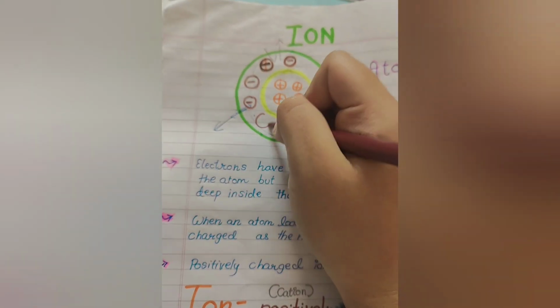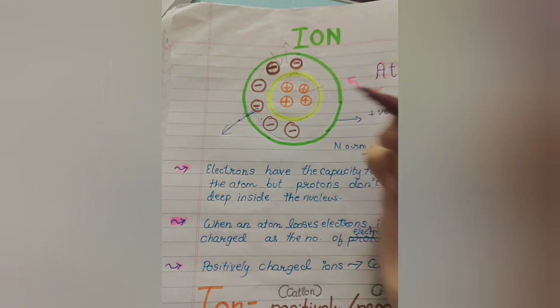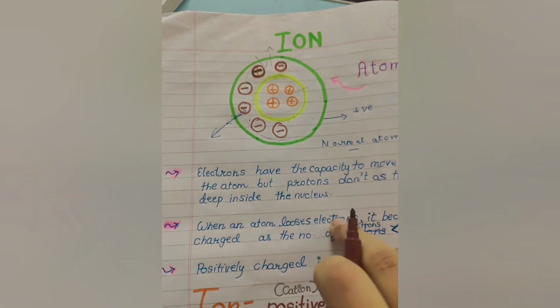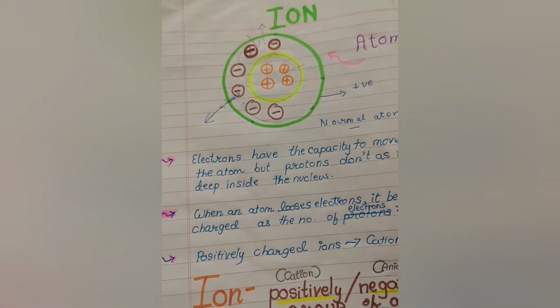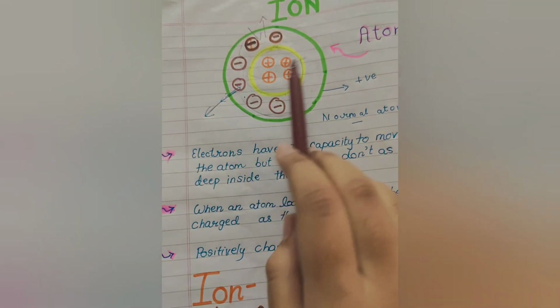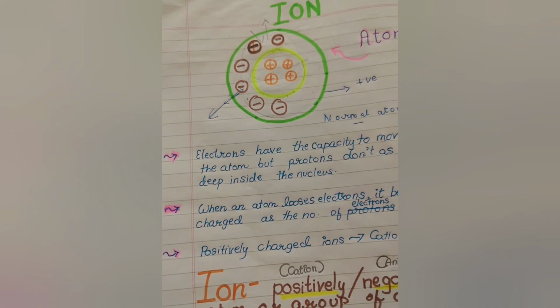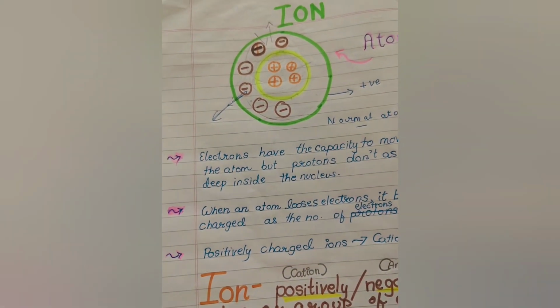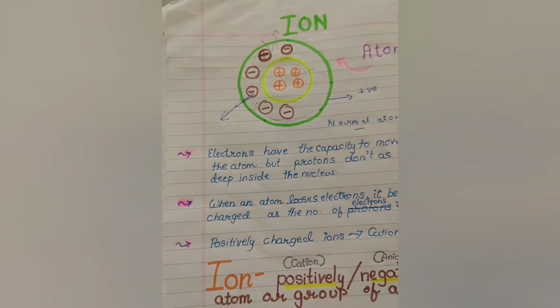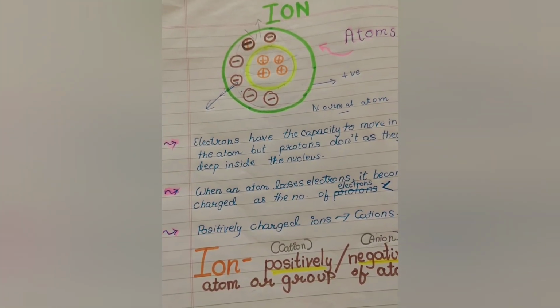Suppose 2 more electrons are added into the atom, so now the number of electrons and the number of protons has become unequal. There are 6 electrons that we can see and 4 protons. The number of electrons is more than the number of protons.